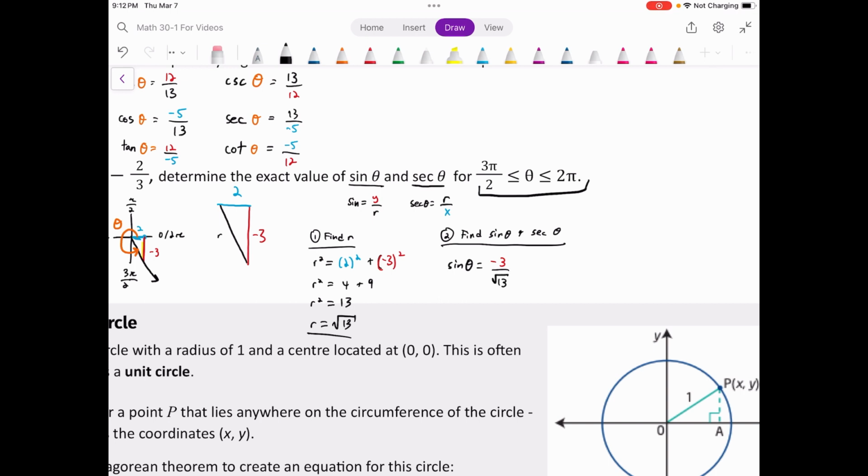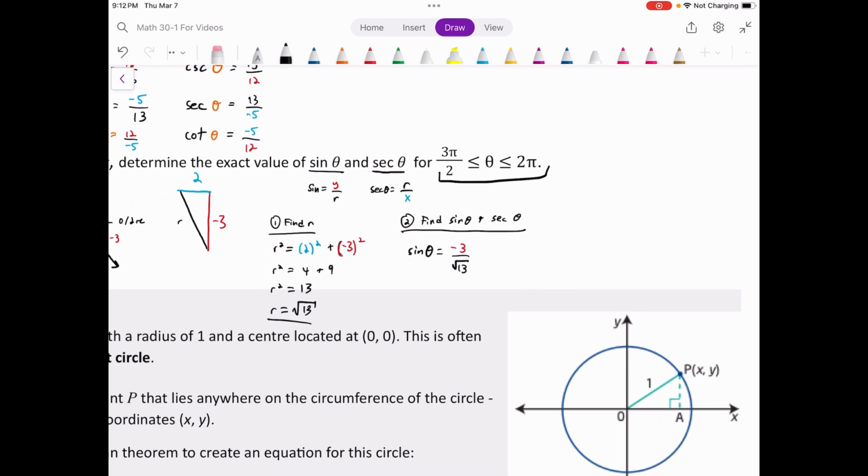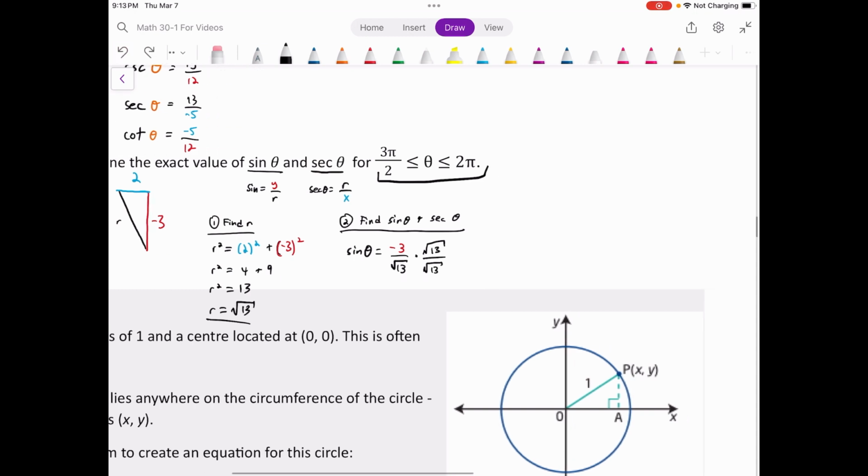Should I leave it like that? I should always rationalize my denominator, right? That's just considered good math etiquette. So I'll multiply by root 13 over root 13 to get rid of the irrational number in my denominator. So I'm going to have negative 3 root 13 over 13.